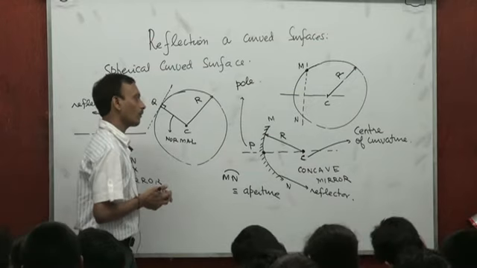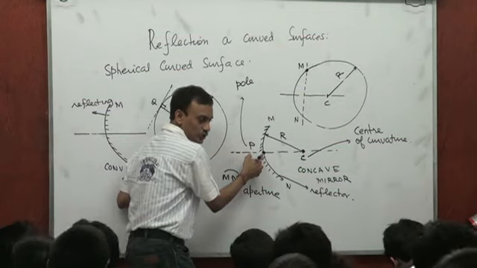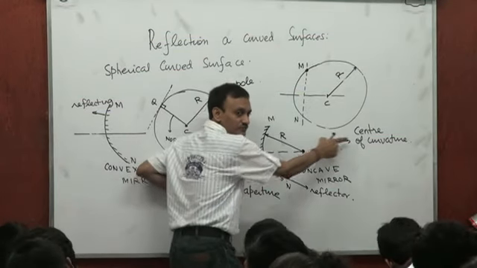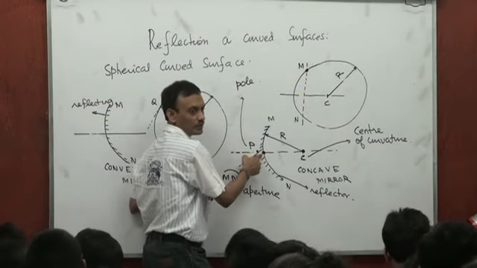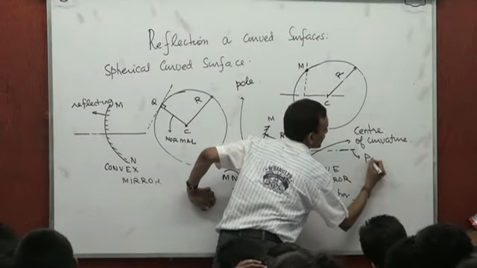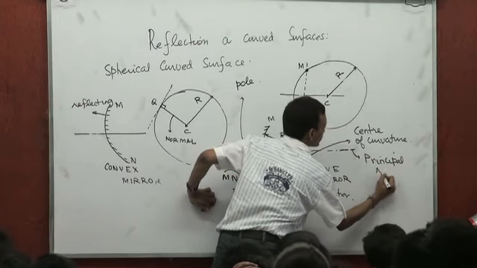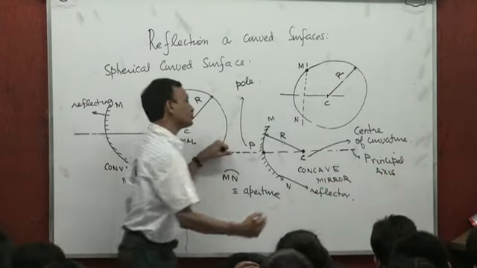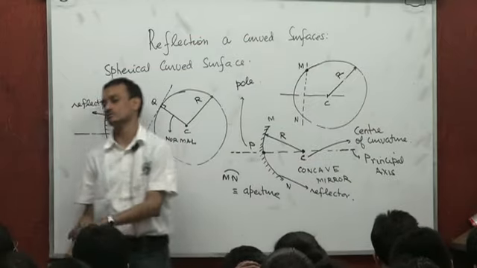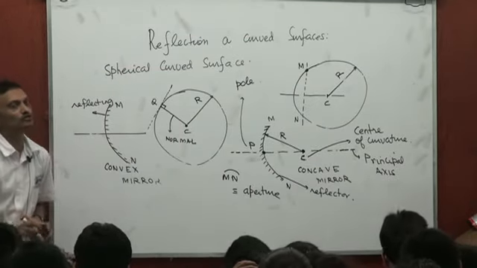A line passing through the pole and the center of curvature of the mirror is referred to as the principal axis of the mirror.